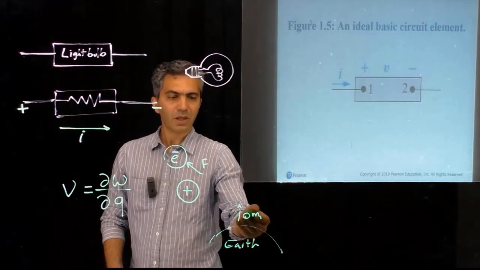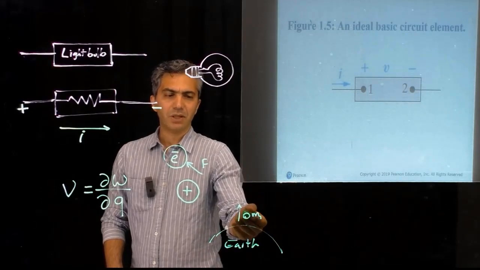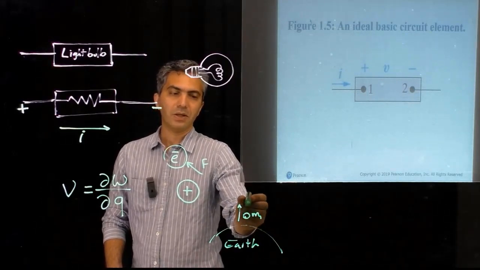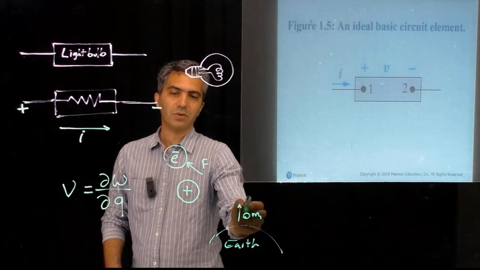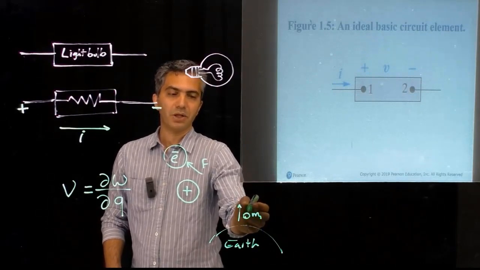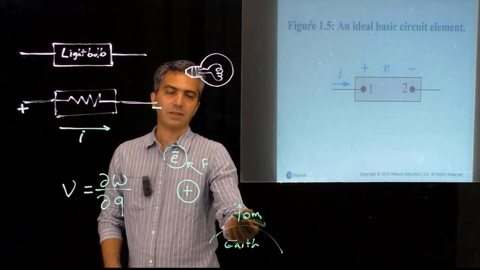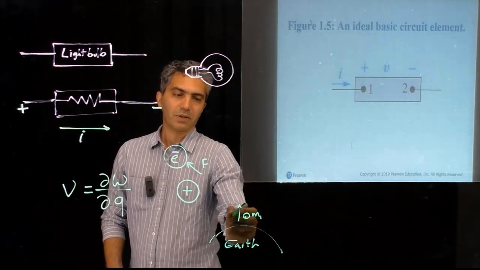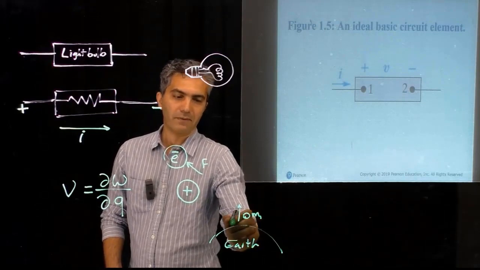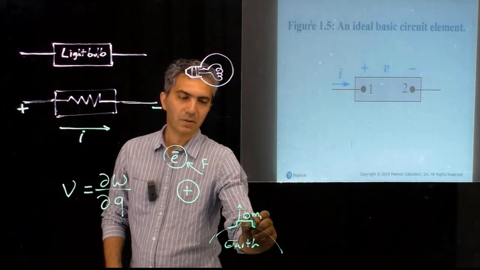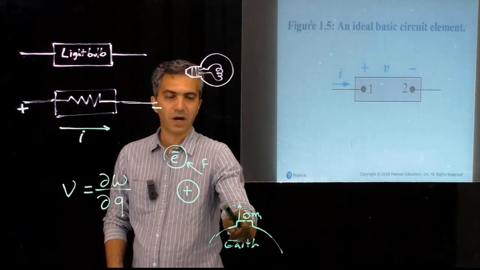Now, every time that you want to measure that potential, you have to know where your zero potential per se is. For example, if you have different levels on Earth, in terms of height.